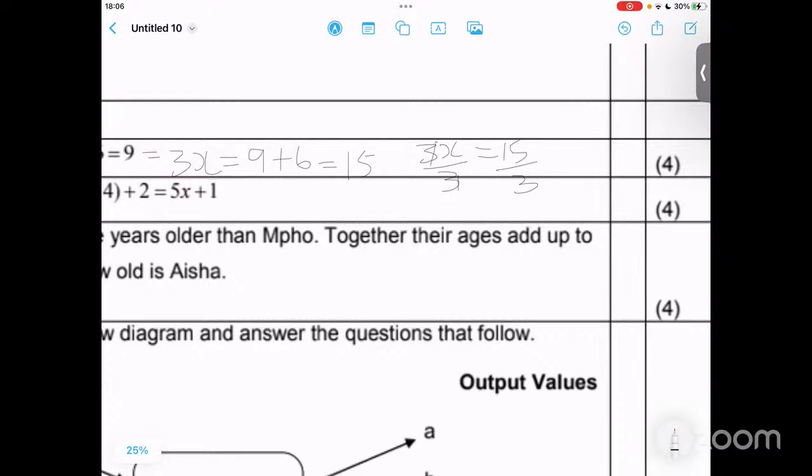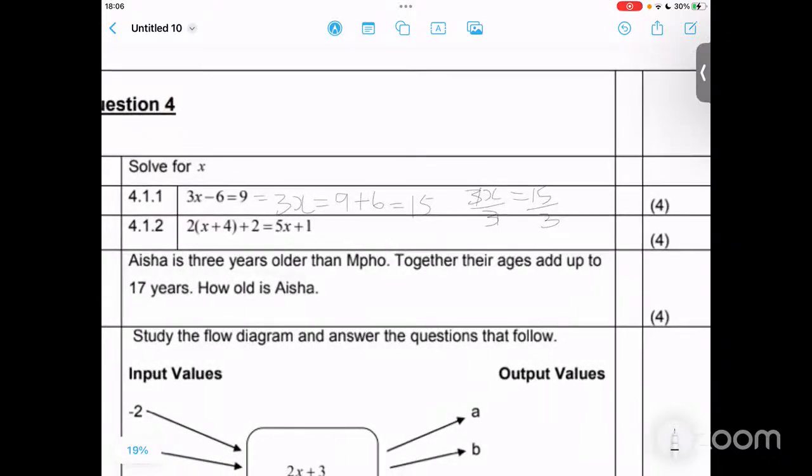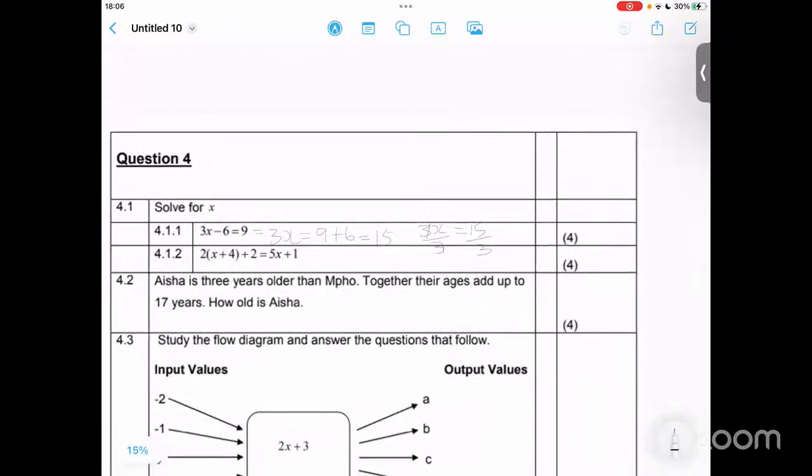So the 2 3's cancel each other out. And how much are we left with for x value? So x is gonna equal to 5. Let's see. X equal to not 15 but 5.